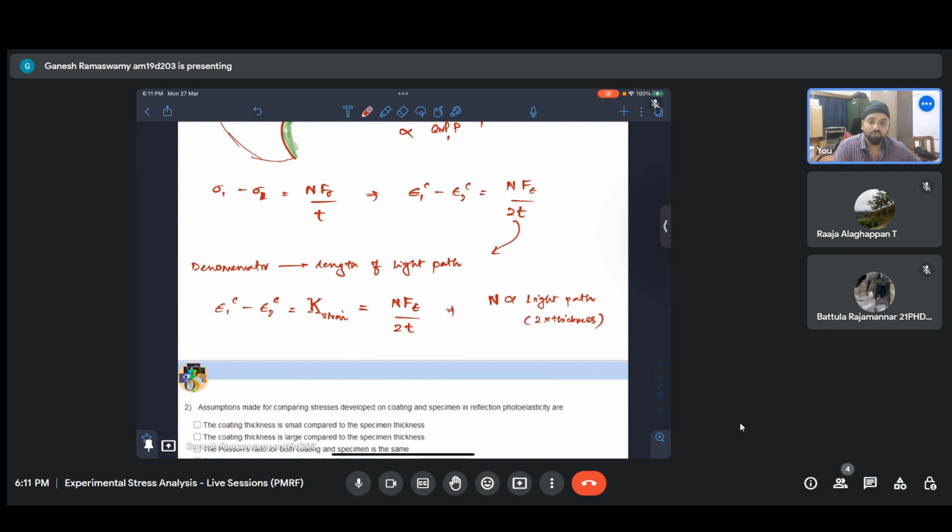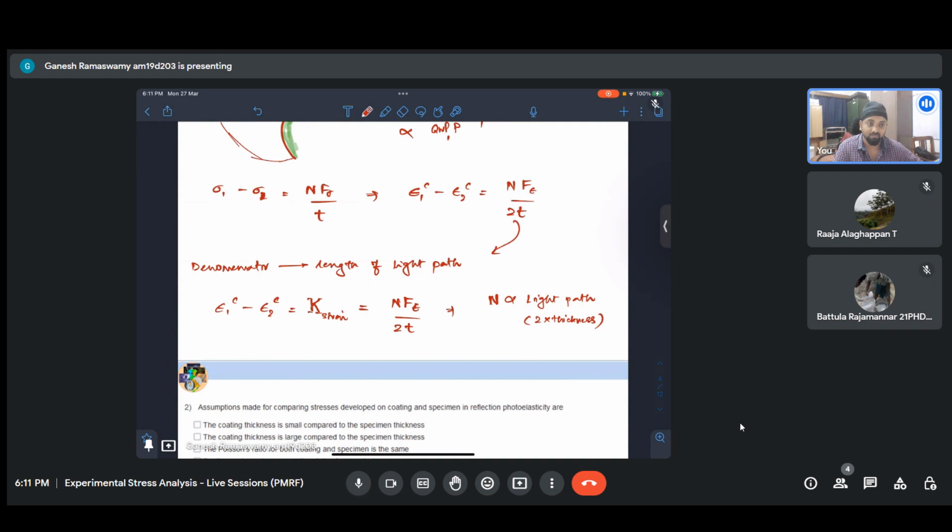So the problem we have with reflection photoelasticity is that we do not have much discernible fringes. In order to have discernible fringes, we would want a higher optical response. How can we have higher optical response? Based on the thickness. The thicker the coating, the higher its optical response.